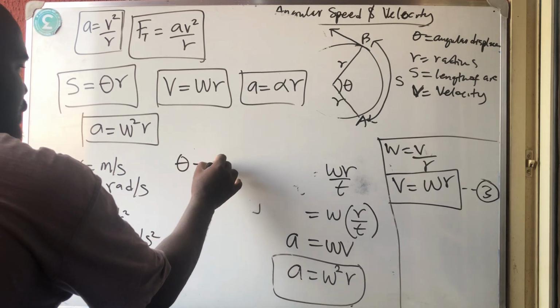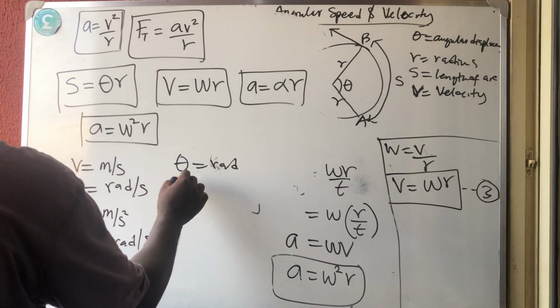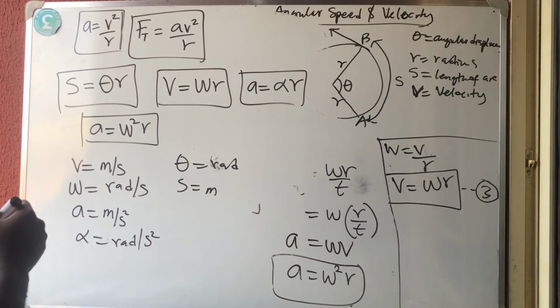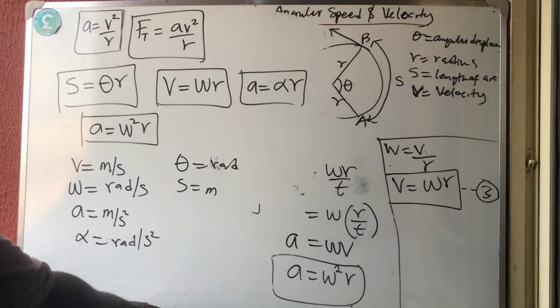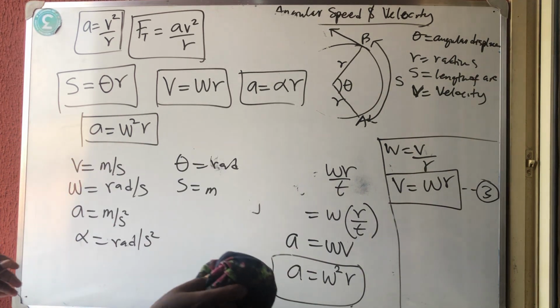Angular displacement is measured in radians, while the normal distance is measured in meters. So these are the only things you need to know for circular motion, and then you are good.